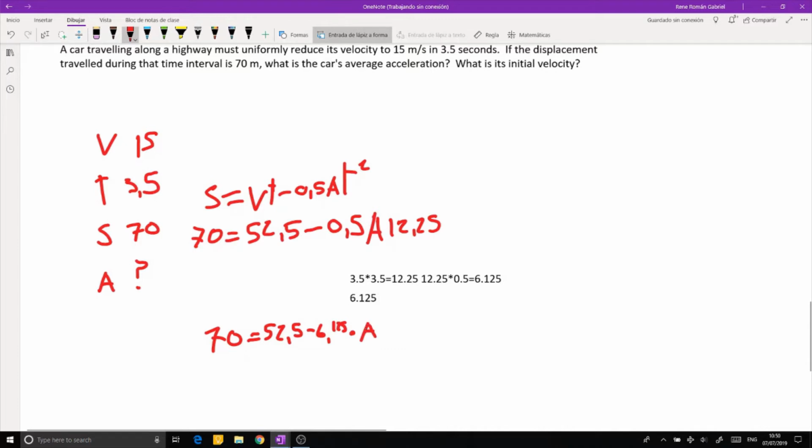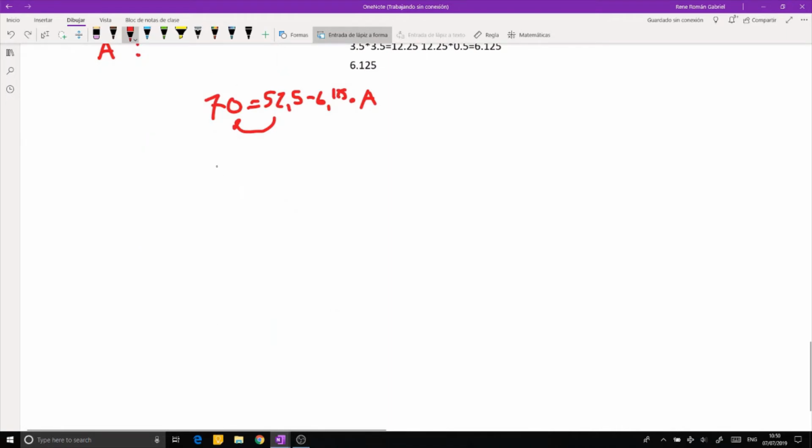So now the way we would do it is we would have to go simplifying this. Acceleration is the only thing left here. So we would pass the 52.5 to the other side, negative. So that would be 70 minus 52.5, which would equal 17.5.